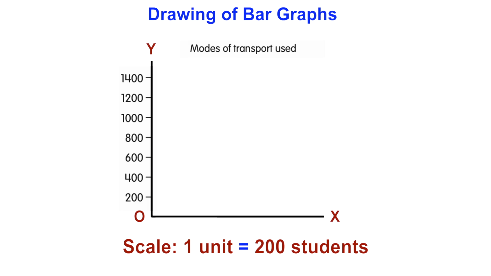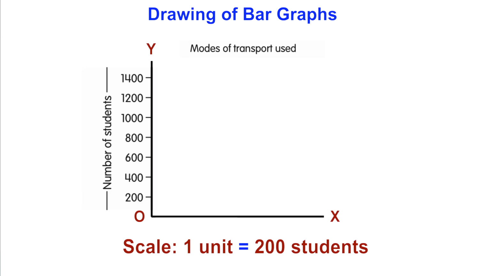Step 3. On the OY axis, represent the number of students at the proper intervals from O to 200, 400, 600, 800 and so on. Remember, the scale that we have chosen is that 1 unit equals 200 students.